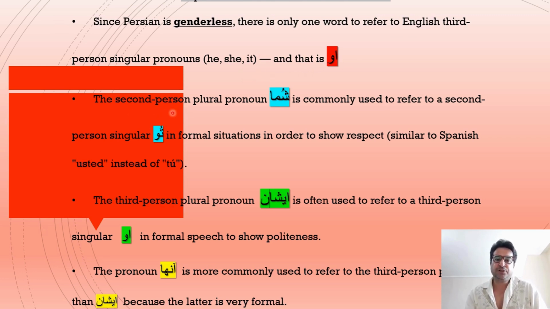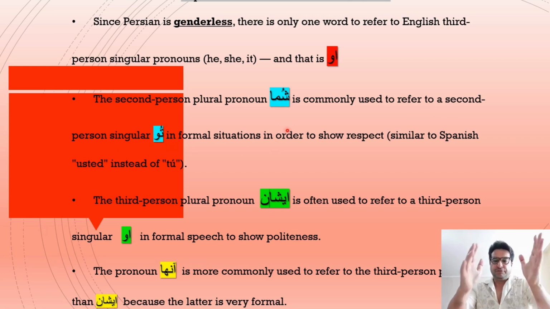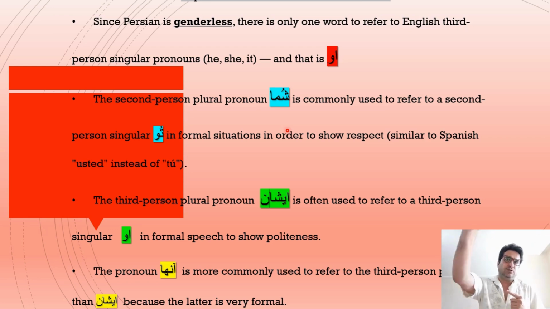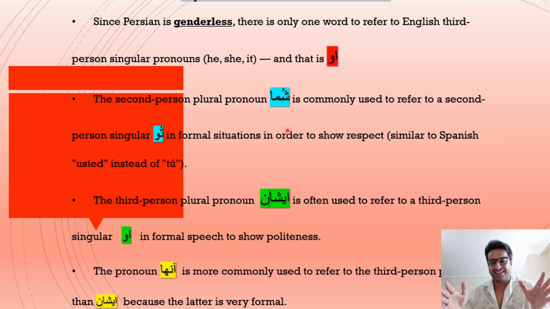Okay, the second person plural pronoun shomā is commonly used to refer to a second person singular too, as I said before. So if you are my friend, if you're my mom, my dad, then for you as my interlocutor, I would say to. But if I am in a different situation, then I may address you as shomā.